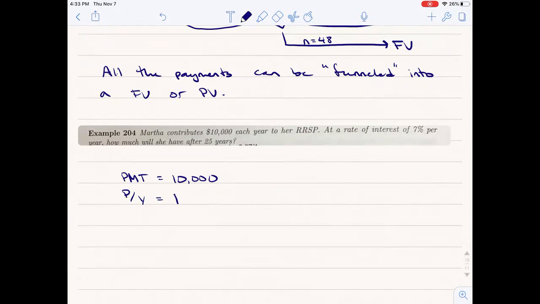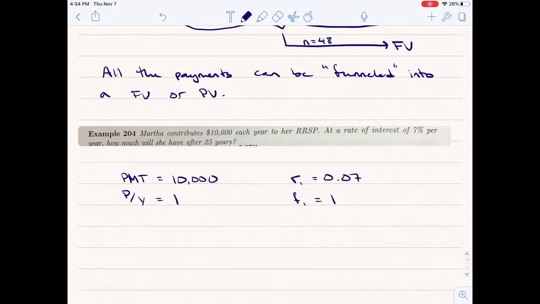Okay. The rate of interest, R, I'm going to use R subscript 1, is 0.07 per year. 7% per year is a sloppy way of saying compounded annually, so 7% annually. And so F1 is 1. Or you know what, I'll use the same convention here.